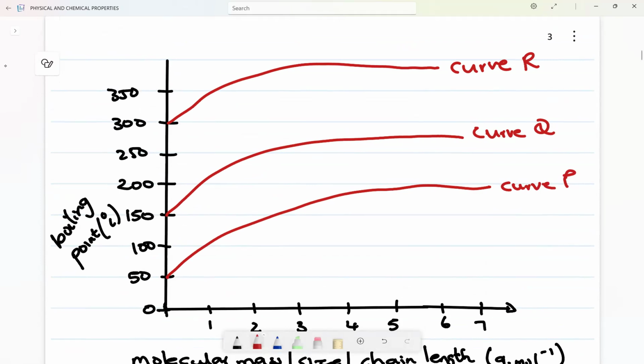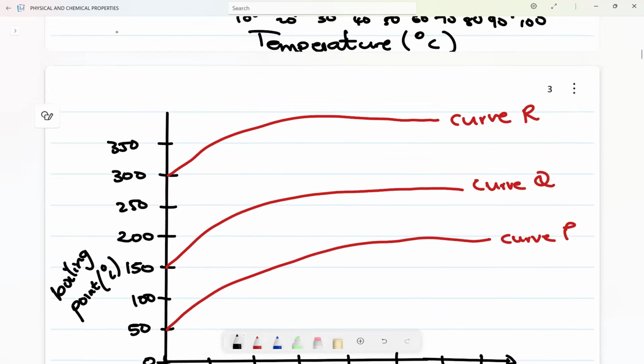Cool. Now, what exactly am I trying to teach with this one? Let's say now we have different compounds. We are comparing, agree there are three curves. Let's say on these three curves we have, in no particular order, alkanes, alcohol, carboxylic acid.